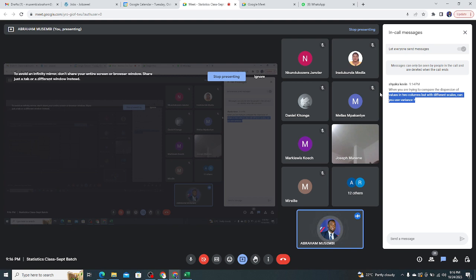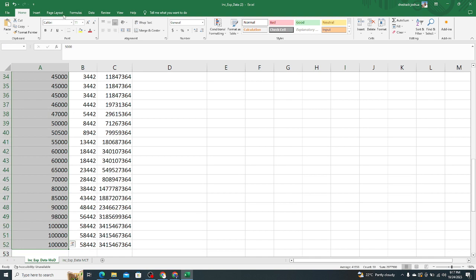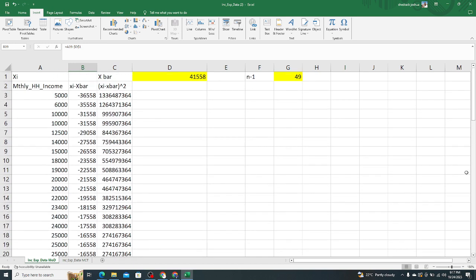So you can try to compare a variance of almost 1 billion and a variance of 260 or 230. In that case we can say that the data points are spread away from the mean.